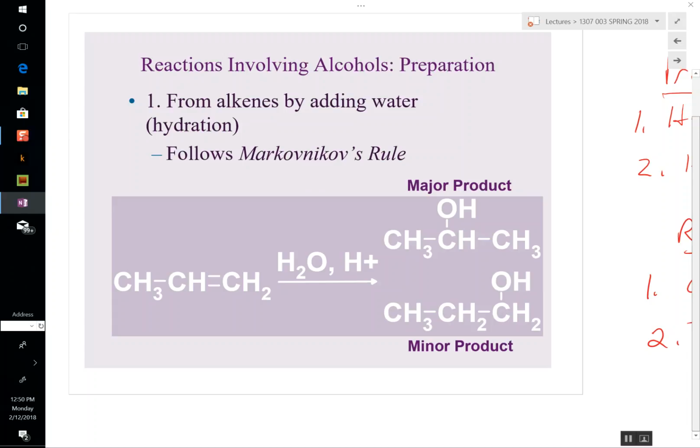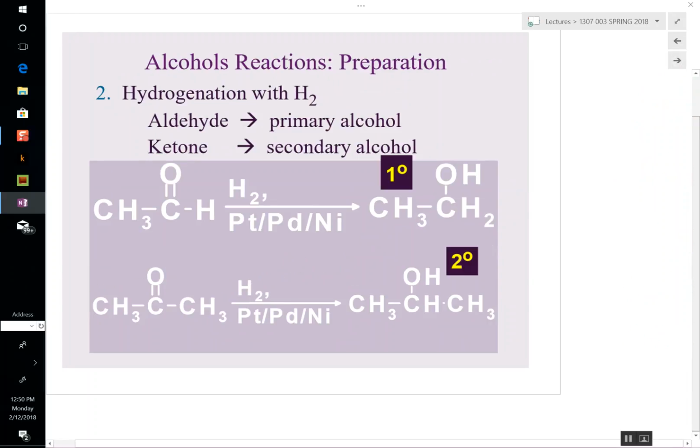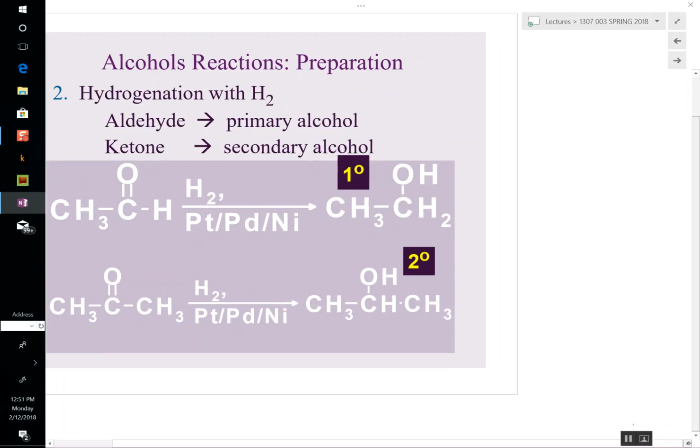All right? So now let's go on to a new reaction. So this is one way to prepare alcohols. Here is another way to prepare alcohols. You're familiar with the word hydrogenation. That means you react hydrogen with something. And let's take a peek at that.